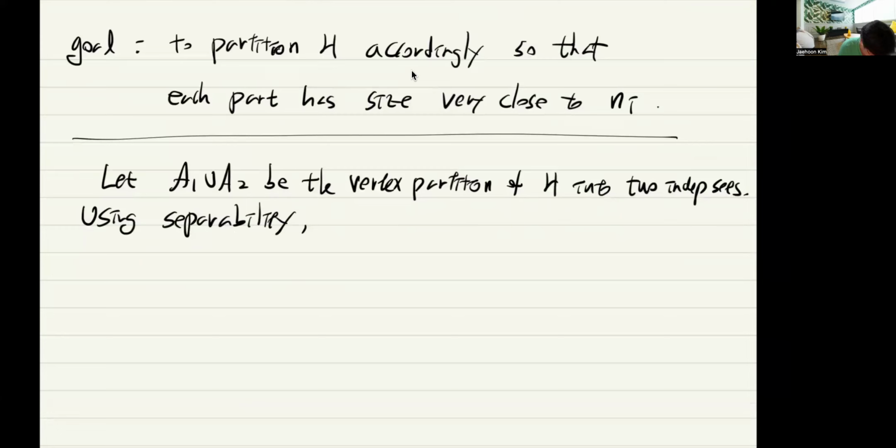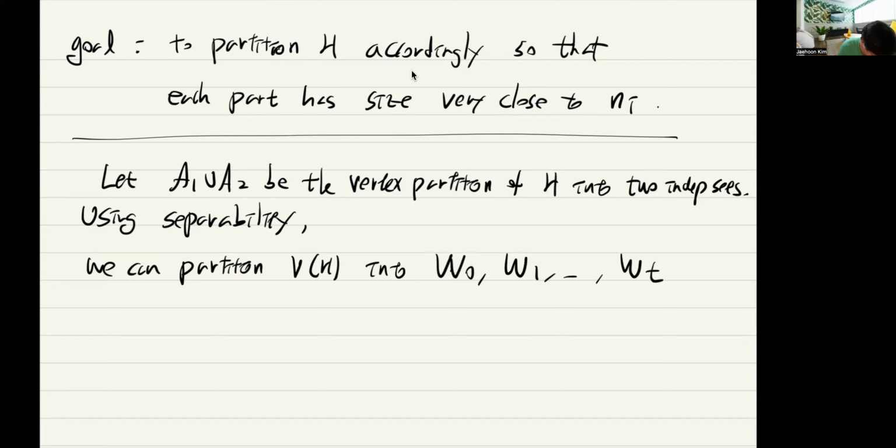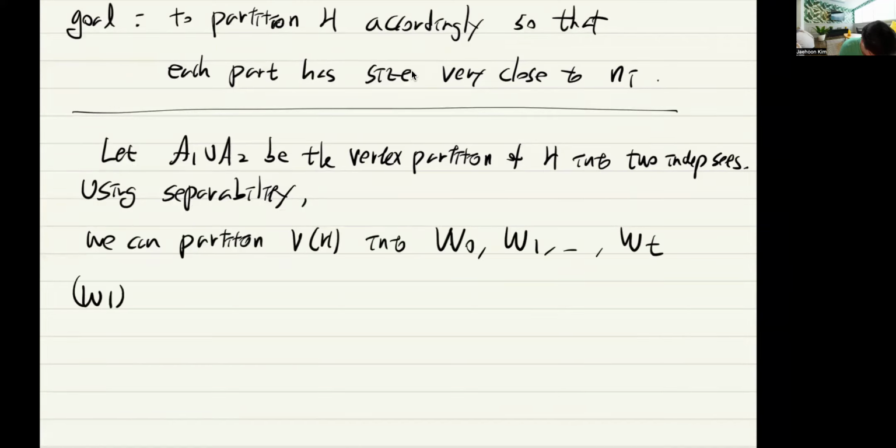And using separability, we can partition the vertices of H into W0, W1, dot, dot, dot, WT, so that each of them is small. So all of them have size at most 8 times.